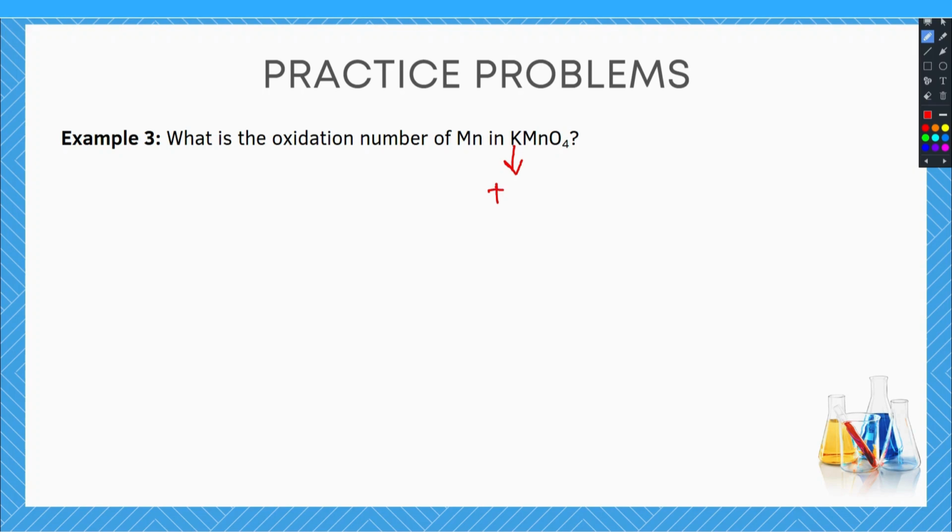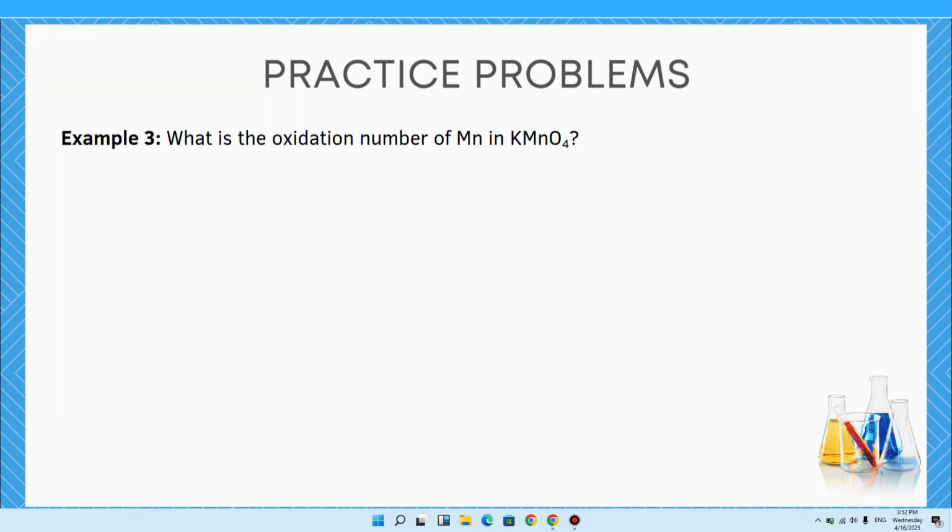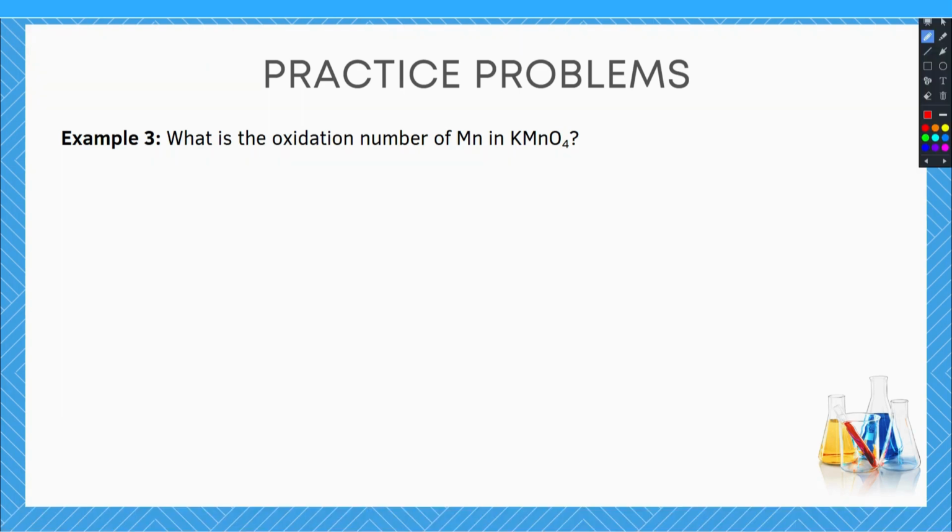K here has the oxidation number of +1 as an alkali metal. Mn, which stands for manganese, is what they asked us to find. So we don't know what it is. Let's name it X. And then oxygen has the oxidation number of -2.